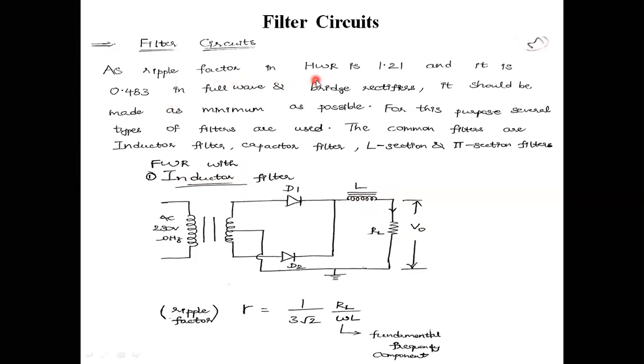The ripple factor in a half wave rectifier, we know this one, is very high, that is 1.21, in terms of percentages 121%, higher than the actual signal we have possessed. In a half wave rectifier the ripple factor is 1.21, whereas it is 0.48 in a full wave rectifier as well as in a bridge rectifier.